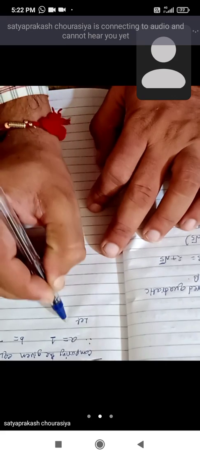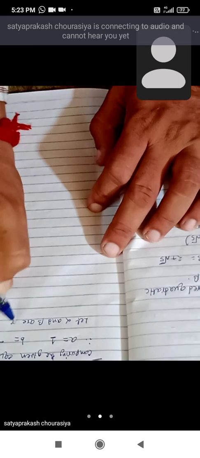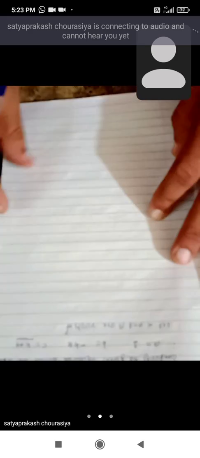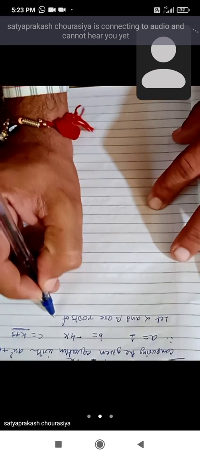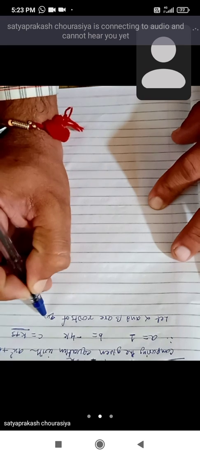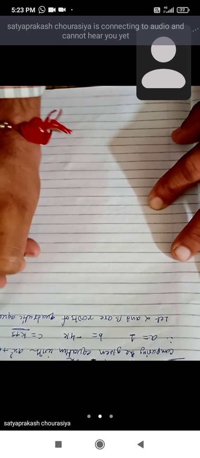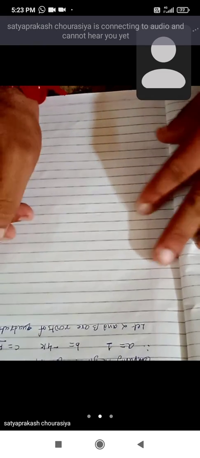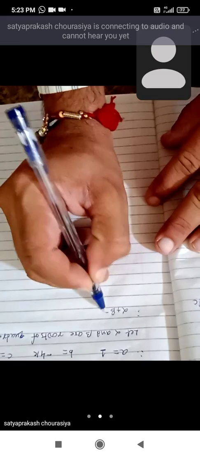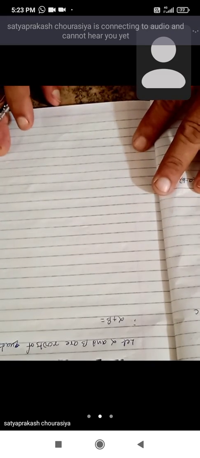Let alpha and beta be the roots of the quadratic equation. So therefore alpha plus beta is equal to, what is given?